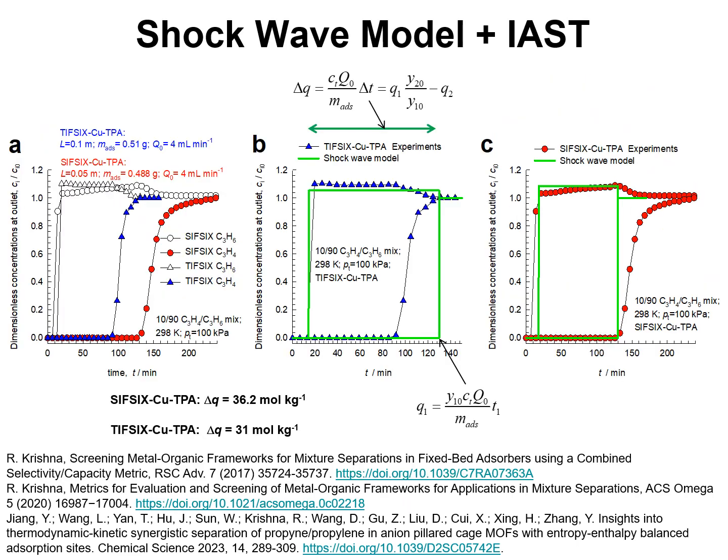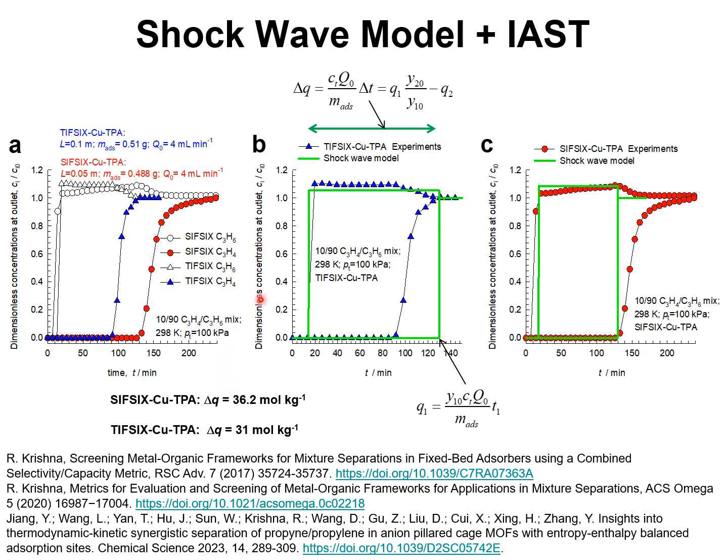IAST calculations of mixture adsorption equilibrium may be combined with a shockwave model for transient breakthroughs in fixed beds to determine the productivities of purified alkenes. As an example, let's return to the separation of 10/90 mixtures of propyne and propene using the two MOFs TIF6 copper TPA and CIF6 copper TPA, blue and red.